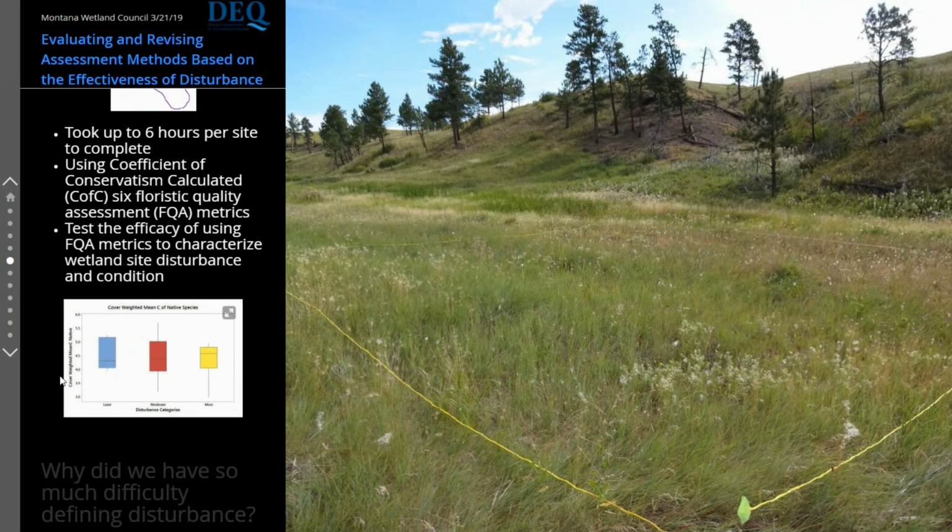So when we were doing this, I was trying to think about, okay, how can we use this intensive vegetation assessment data to help us understand what is going on at the site? And one of the ways that this is often used is with floristic quality assessment metrics. These metrics look at plant communities or individual plants' site fidelity and tolerance to disturbance.